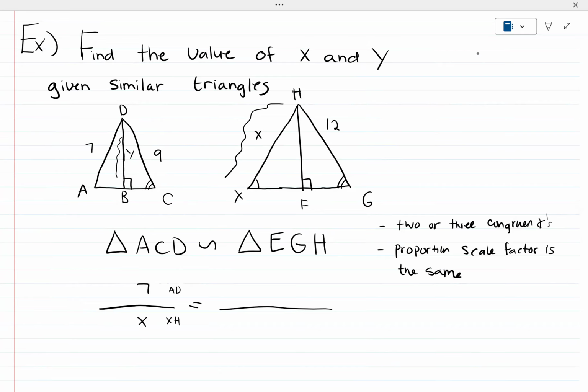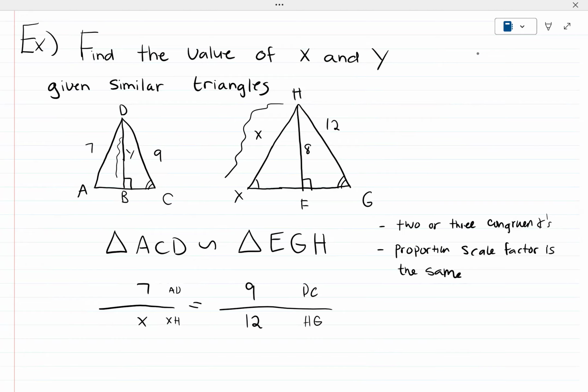FH was given as 8. So can I do this? Oh, I could do line segment DC with line segment HG. So DC is 9, and HG is 12.